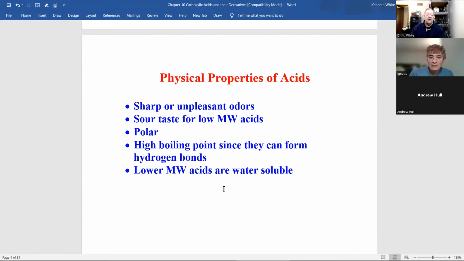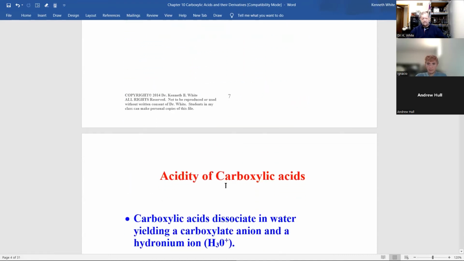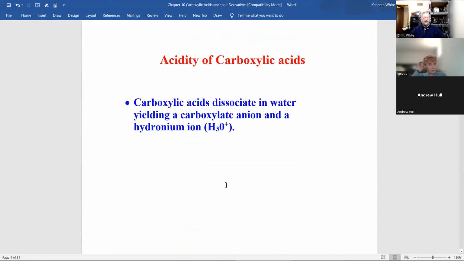But anyways, they're polar and they have high boiling points because they can hydrogen bond, and the lower molecular weight ones, like acetic acid, are soluble in water. When you get real large, they're not. And we'll talk more about that in a later chapter.